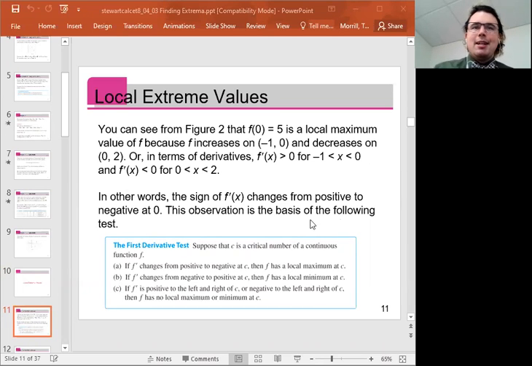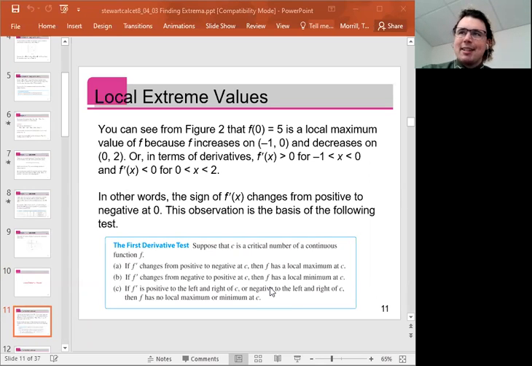So this is the test. Number one, find all of your critical points. Number two, test your derivative at coordinates to the left of that critical point and to the right of that critical point. So you only need one of each there. And you're going to keep track of whether the derivative is negative or positive, right?